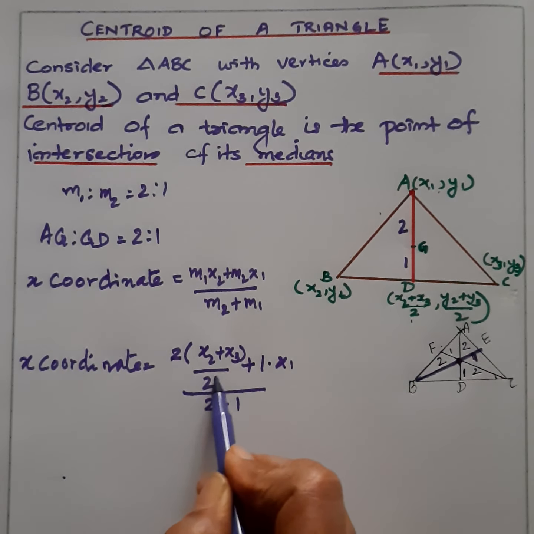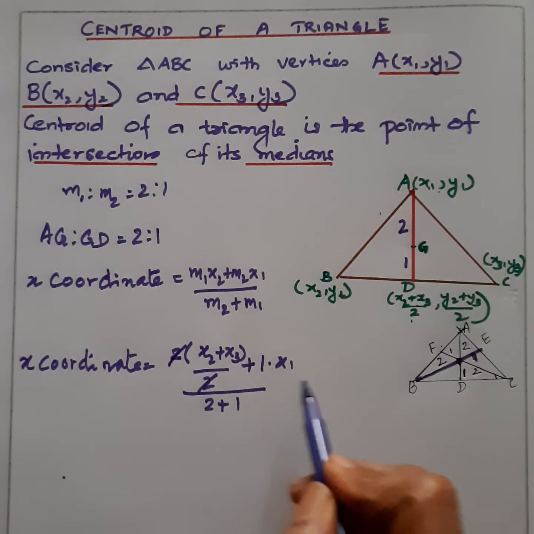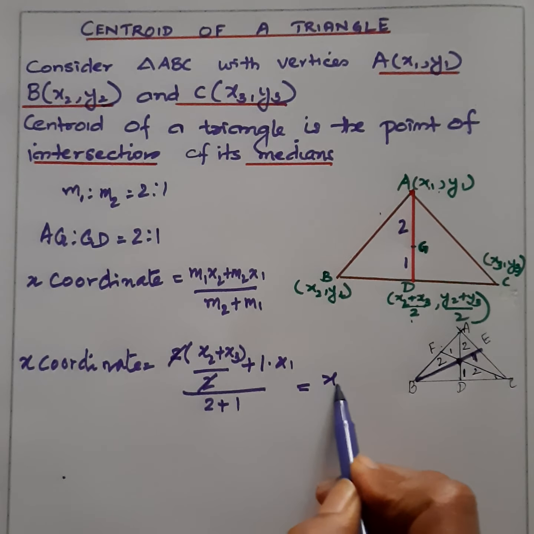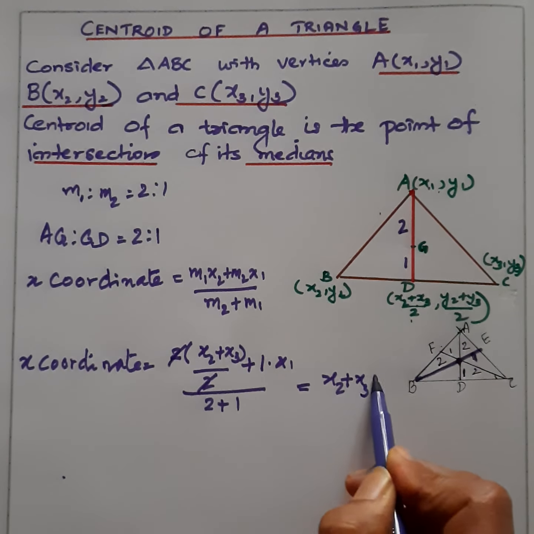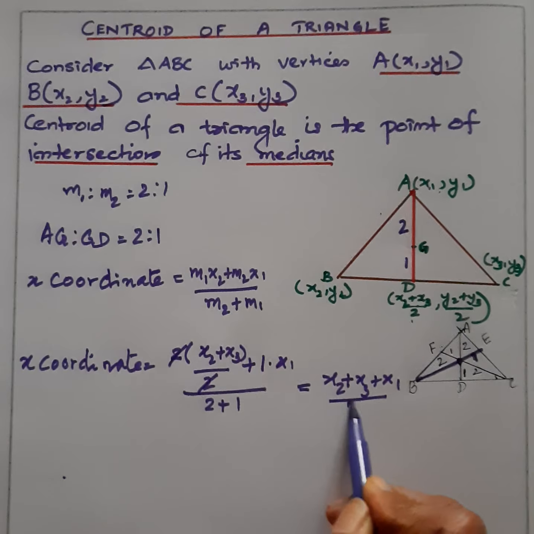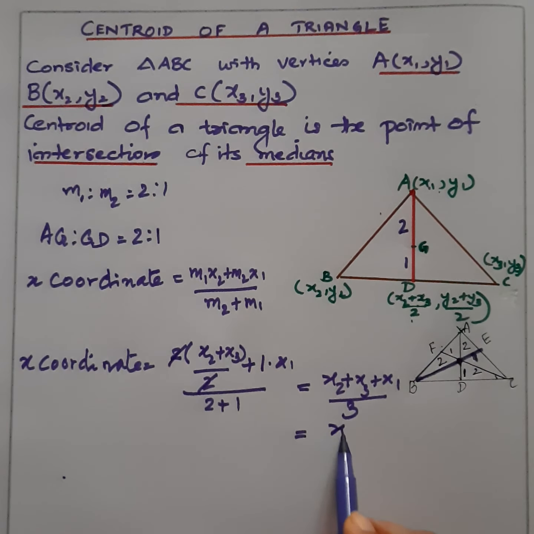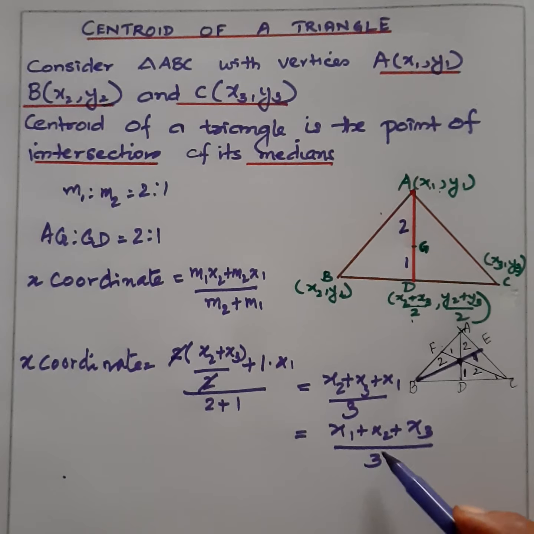Now what is this equal to? The 2 gets cancelled. So this is equal to (x2 plus x3 plus x1) by (2 plus 1), or we can write it as (x1 plus x2 plus x3) by 3. So the x coordinate of the centroid is the sum of all the x coordinates divided by 3.